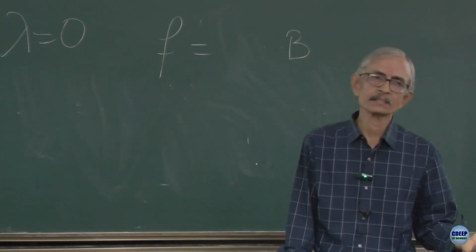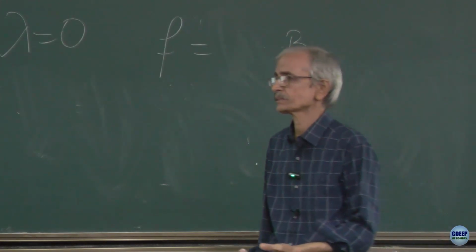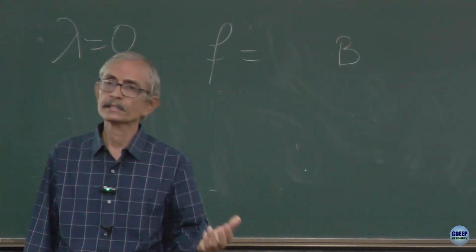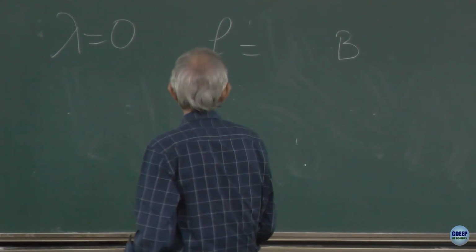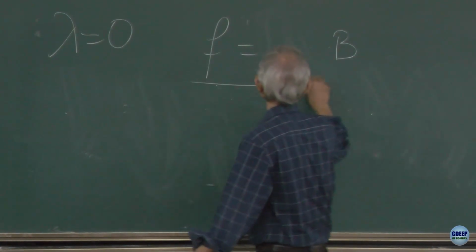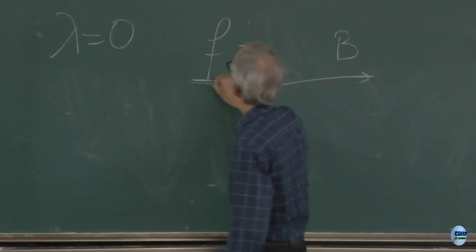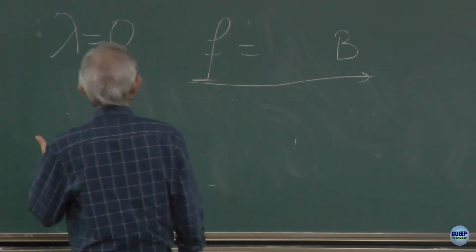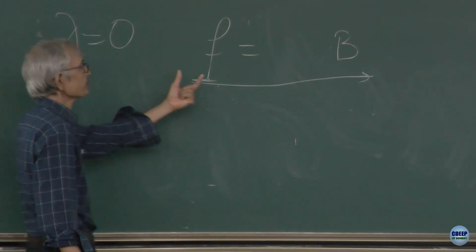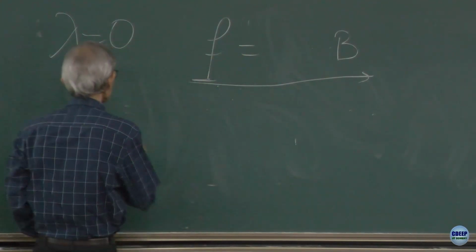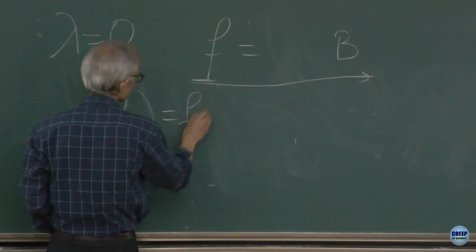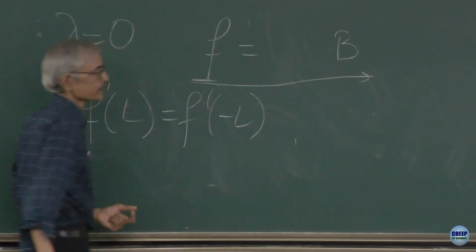Essentially what we are saying is, is lambda equal to 0 an acceptable eigenvalue? Is f equal to b a solution to this? Well, look at the original equation and the boundary condition: f prime of L is equal to f prime of minus L.